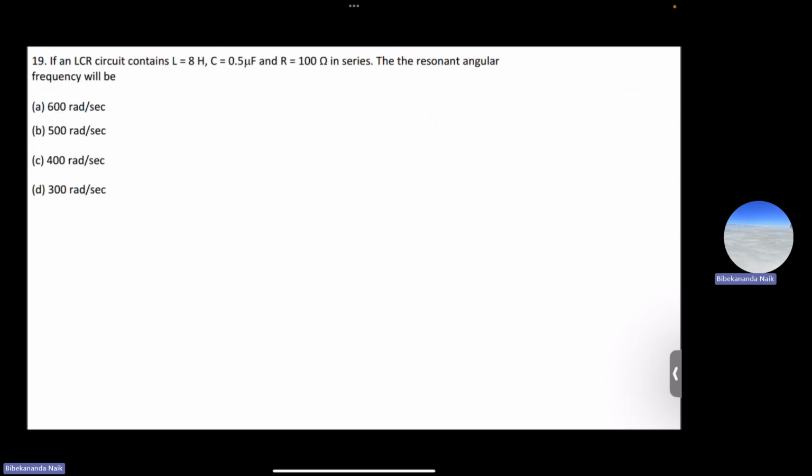Question number 19. So question number 19 says, in an LCR circuit, it contains an inductor, its value is L equals 8 Henry, capacitor C equals 0.5 microfarad, and resistor equal to 100 ohm, and all are connected in series. So this is an inductor, this is a capacitor, and this is a resistor.